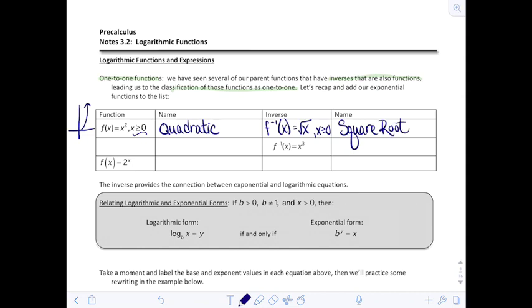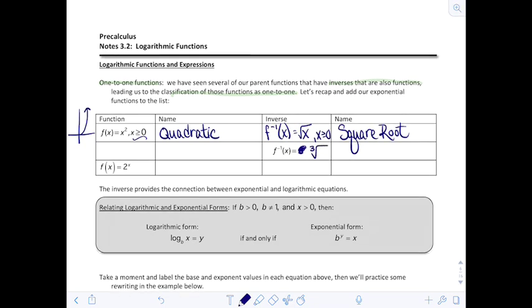Okay. The next one down, I actually need to make a little adjustment on this. We're going to cross out x to the third, and the inverse is going to be the cube root of x. So the cube root function is the inverse of the cubic, f of x equaling x to the third.